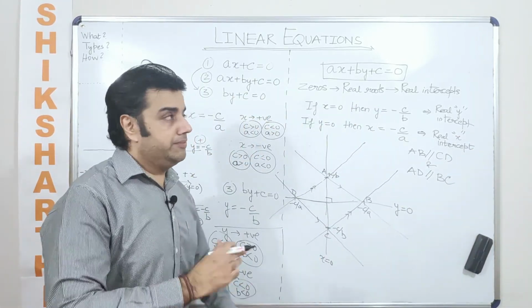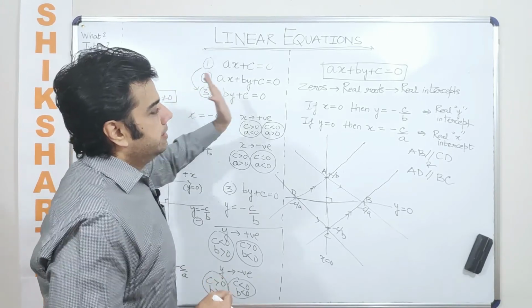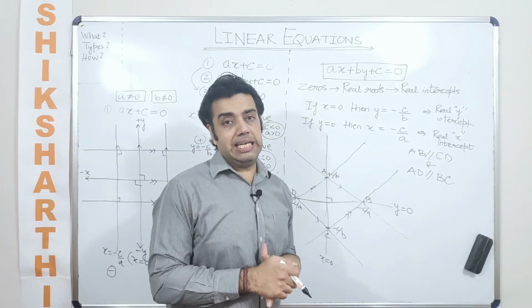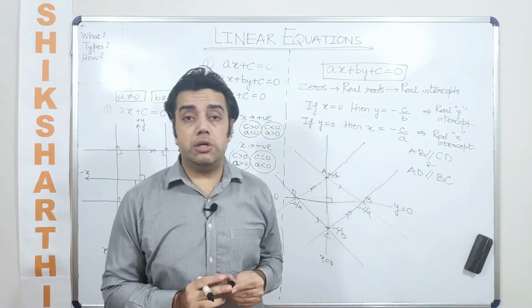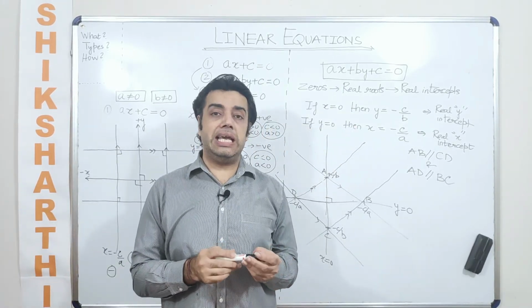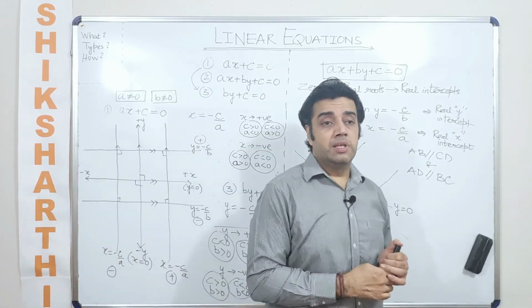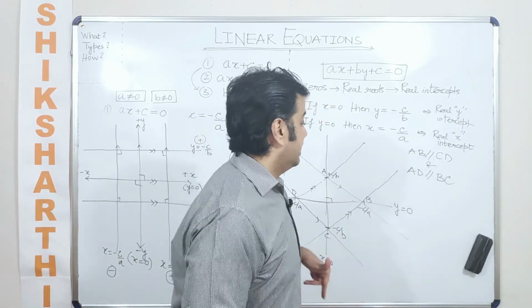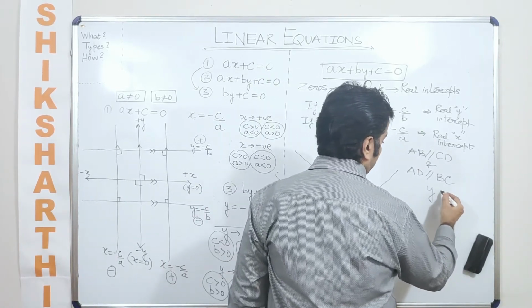So quickly we talked about 3 different types of equations and their plotting on the real xy plane in order to find out the real roots or the zeros or the real x-intercepts and the real xy-intercepts. Please revise this, and then as a matter of practice, please plot these 4.